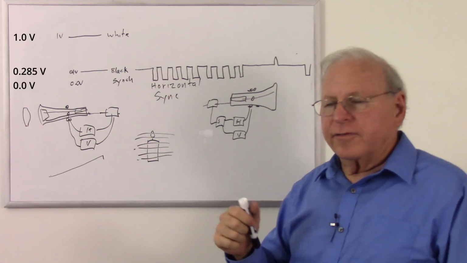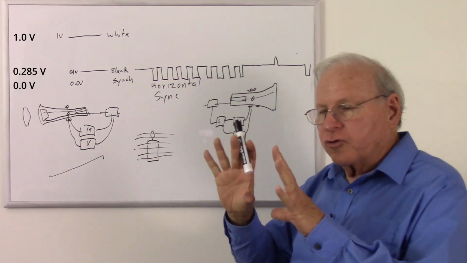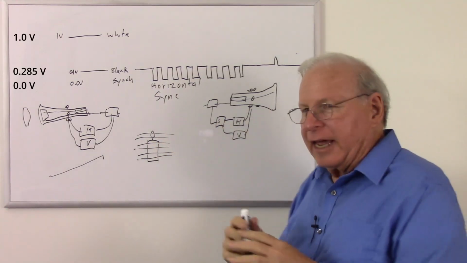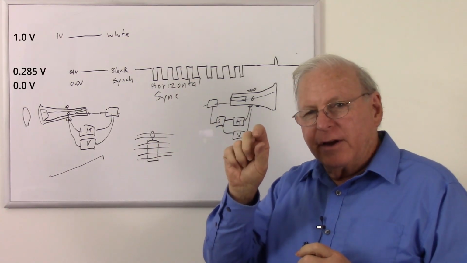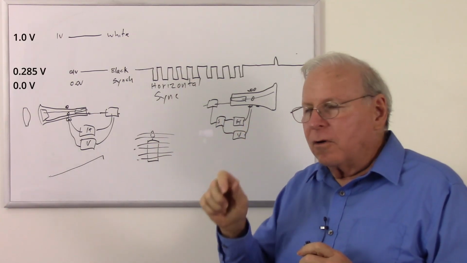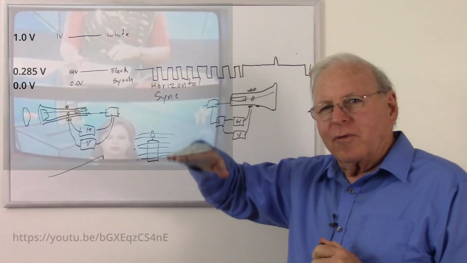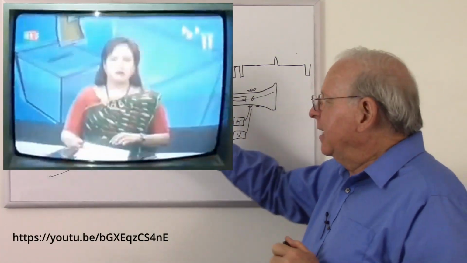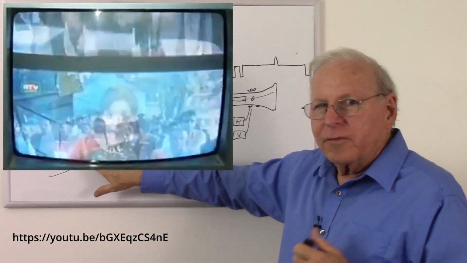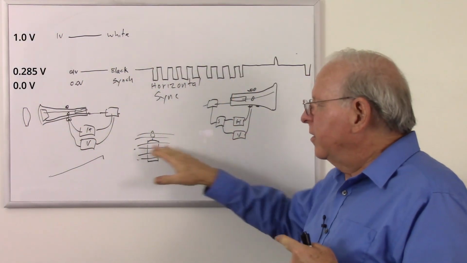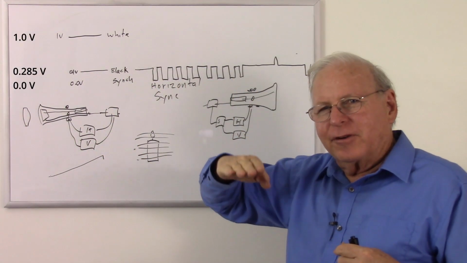Now back in the early days of television, we had to have all sorts of controls to help these syncs stay together. In an old TV, you had a horizontal hold and a vertical hold, and usually they'd hold up together, but sometimes it would start rolling vertically, which meant that the vertical oscillator was getting out of sync with the one in the transmitter, and so the picture would start rolling up.